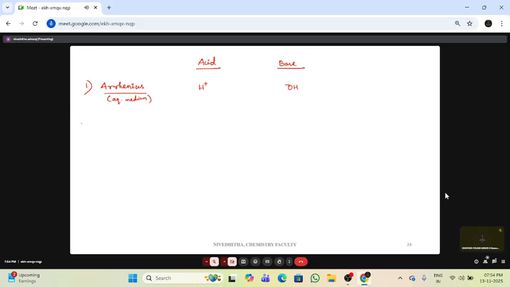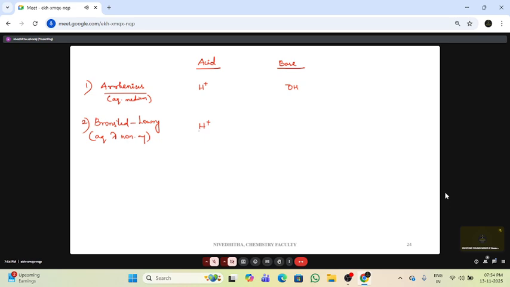Second definition is Bronsted and Lowry, and this definition is applicable for both aqueous and non-aqueous medium. If you dissolve any compound in water or in any other solvent, if that compound releases H plus ion, then that is acid.